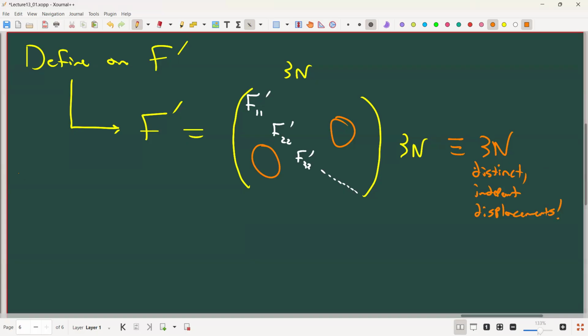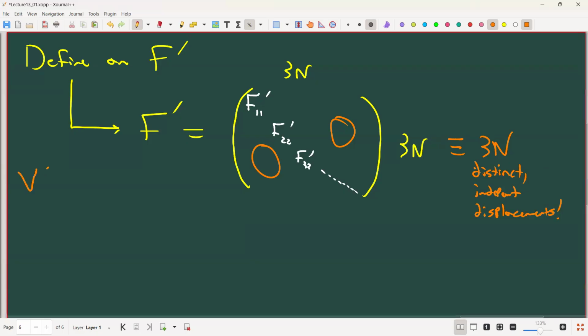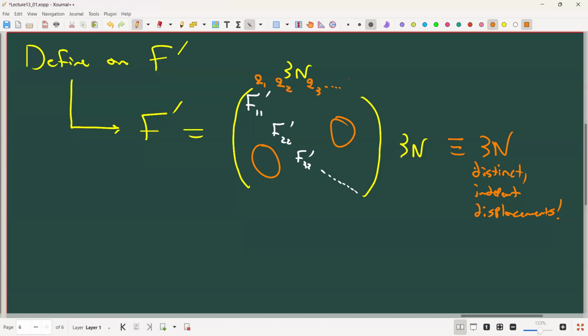Okay, so that means then that my potential is in terms of these special coordinates. We have to figure out what they are, right? Because the coordinates along the columns aren't x1, x2, x3, x4 anymore. There's some new coordinates, right? I'm going to call them q1, q2, q3 to q3n.